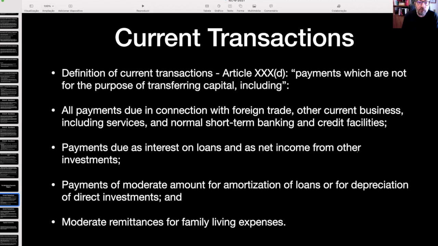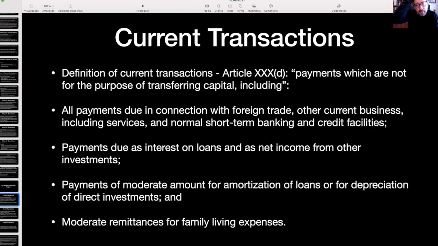That if you have all these payments that relate to so-called current payments, payments for the current account, imports of goods and services, that they cannot be subject to any type of currency restrictions, of exchange restrictions.